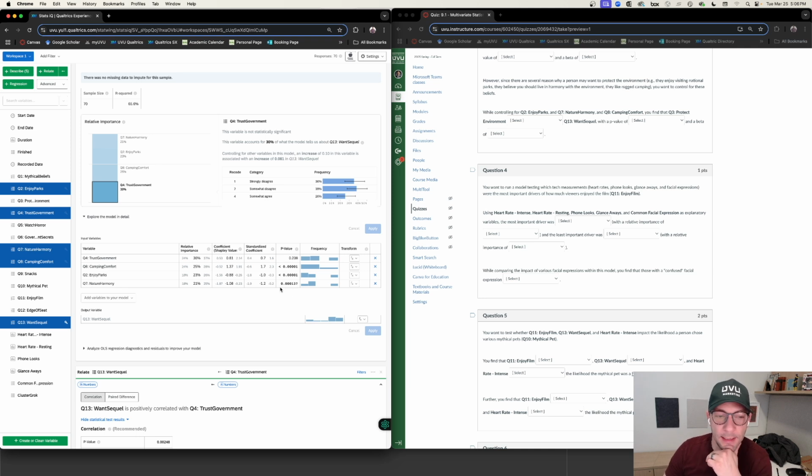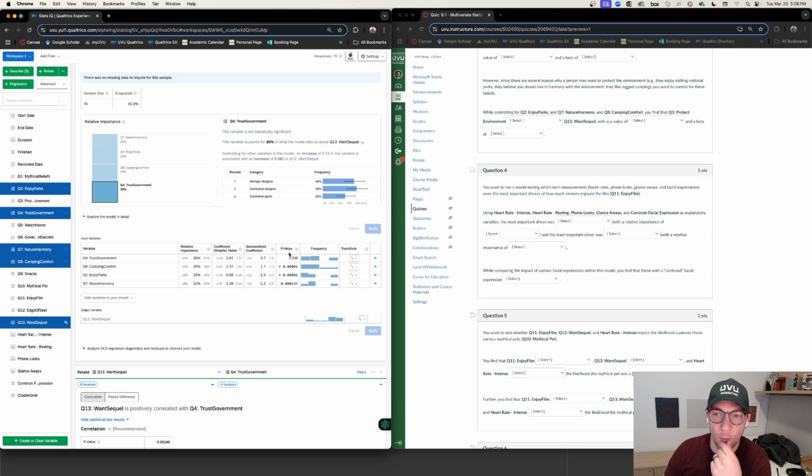So here I see which ones, here are my p-values for each of my predictors. I see, okay, these ones are significant. This one's not. So again, trust the government, while running these other variables, does not significantly predict.